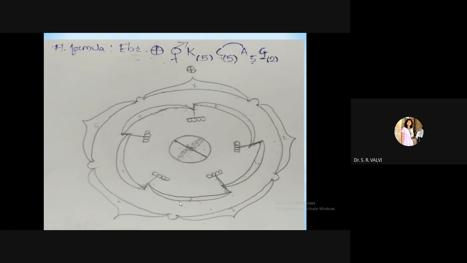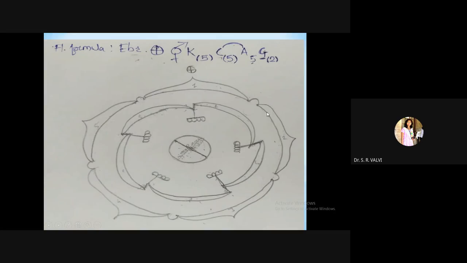Then next, the inner floral whorl, that is of corolla. Now again see why I am explaining this. This has a meaning. See, in the junction of these two sepals, you have to make this petal. See my cursor, in the junction of these two sepals, you have to make this petal.